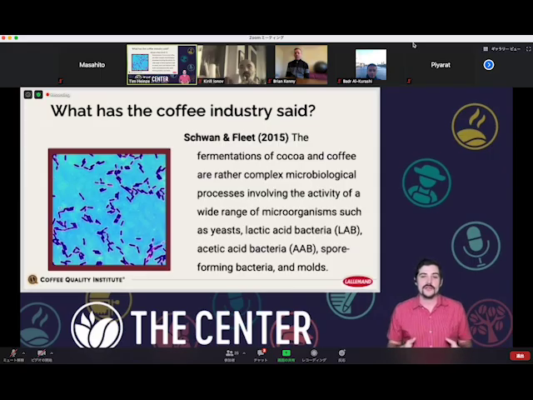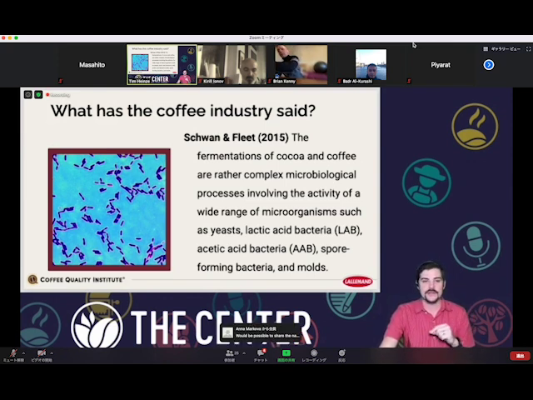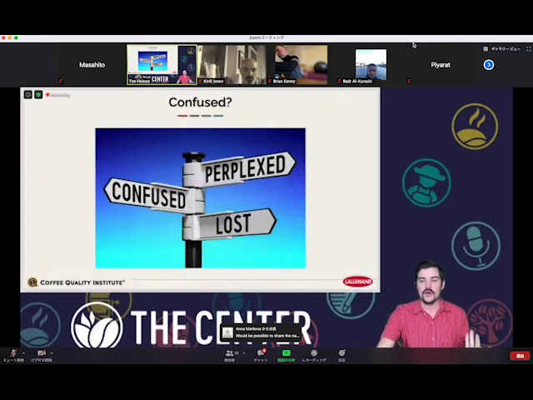So Schwan and Fleet take this very microbiology approach to fermentation, articulating the activity that's occurring by microorganisms. Their book Cacao and Coffee Fermentation is a really great book if you're interested in diving more into the specifics from a very strict microbiological level.